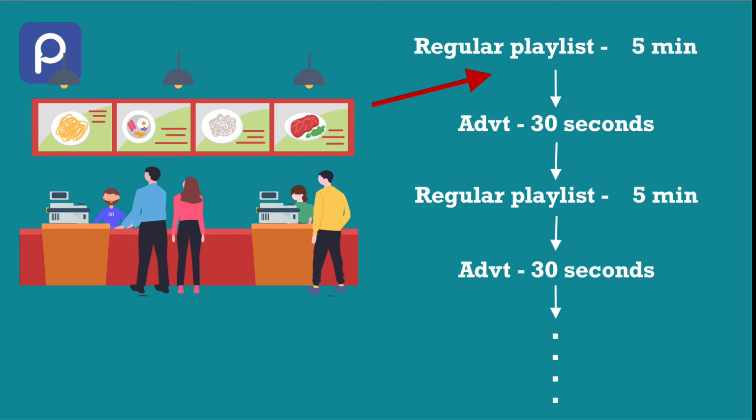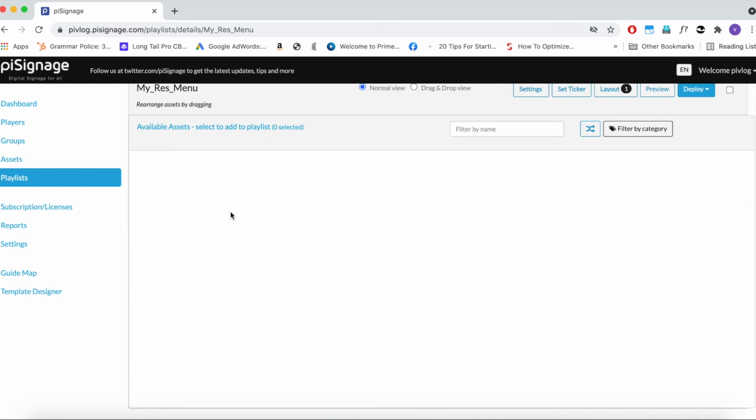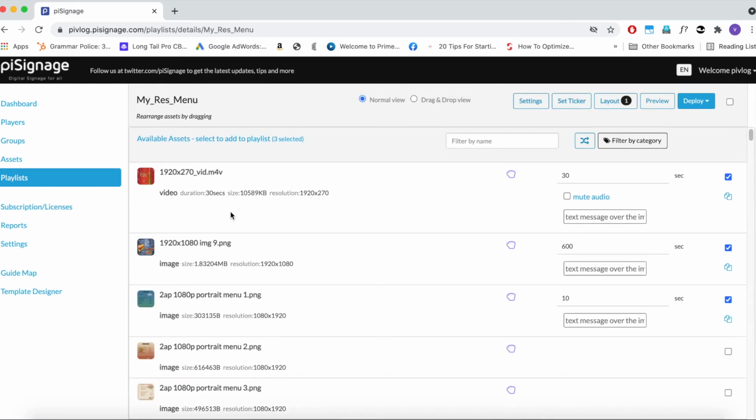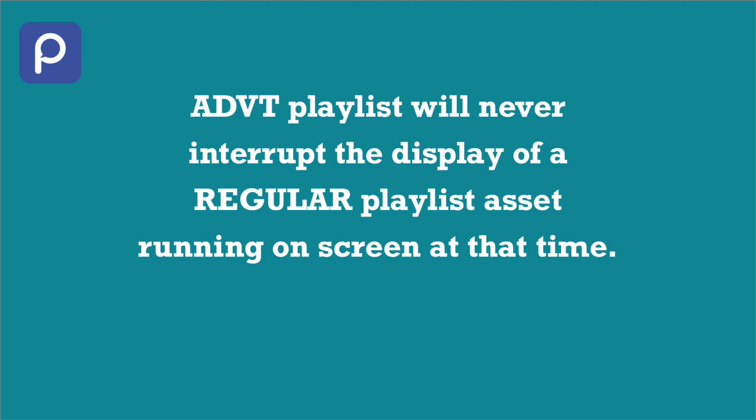Now let us see some facts on how the ad asset insertion happens. In our case, we are inserting ads every 5 minutes. But let us say we have an asset in our regular playlist, any kind of asset that has a display time set to 10 minutes, that is 600 seconds. Now the advert playlist will not interrupt the display of this asset at 5 minutes.